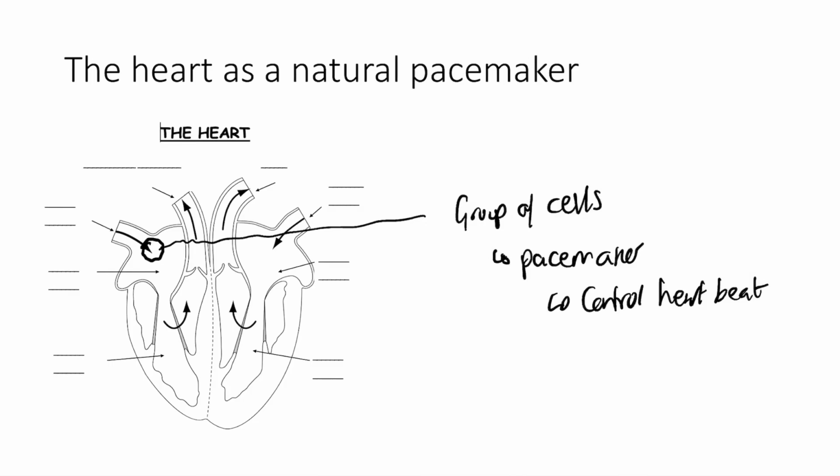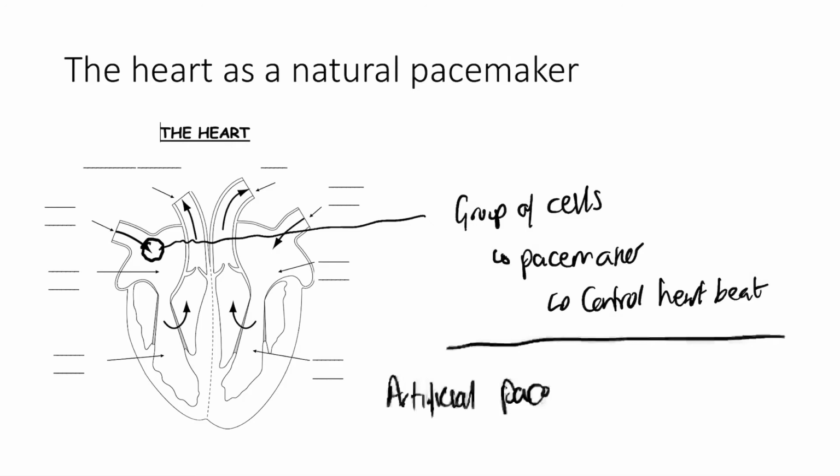What you also need to know is that an artificial pacemaker is used with a faulty pacemaker. So if someone has a faulty pacemaker, i.e. an irregular heartbeat, they will need an artificial pacemaker, which is a little device that's implanted under the skin and has a wire going to the heart, and it produces an electric current to keep the heart beating regularly.